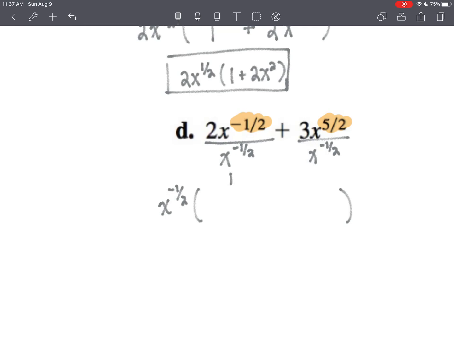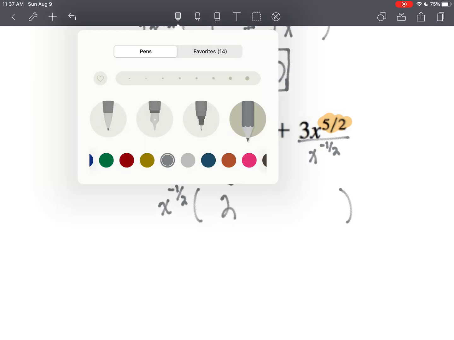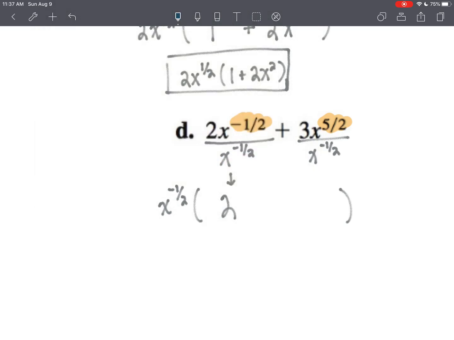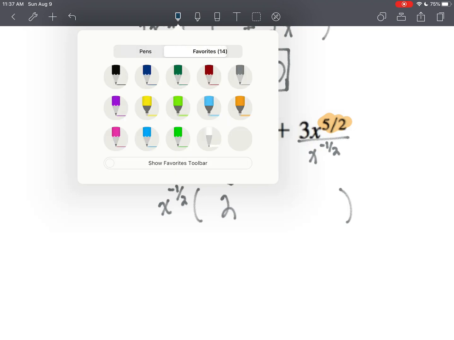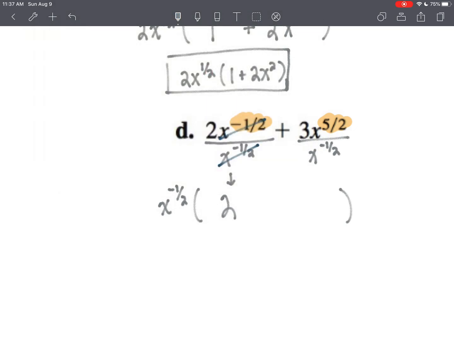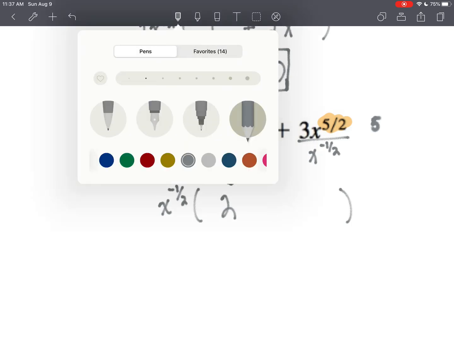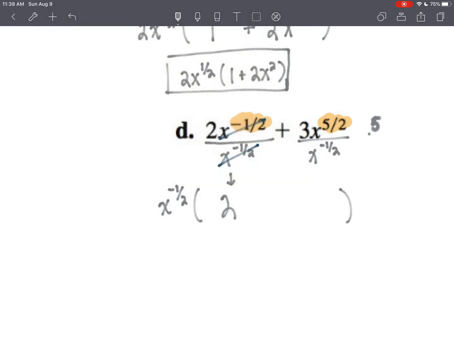What goes in the parentheses, the first term would be a 2, because these 2 factors cancel out. And then what we have is 5/2 minus negative 1/2 is 6/2, which is 3.